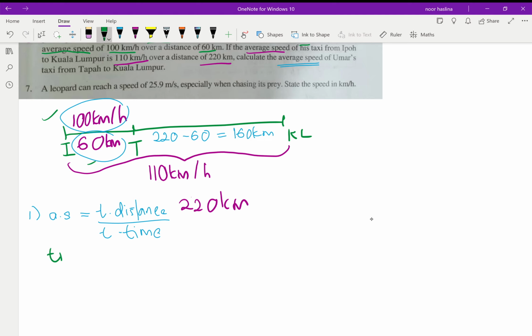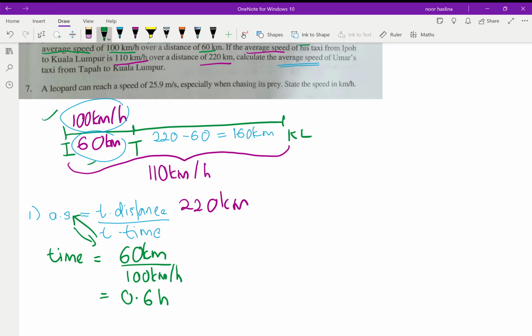So time taken is equal to total distance, 60 km, over 100 km per hour. So the time is 60 over 100, and you will get 0.6 hour.